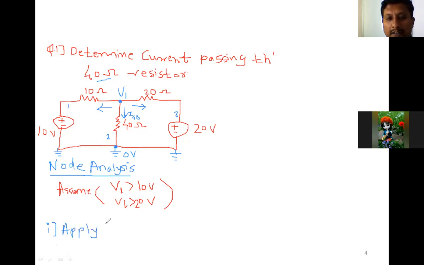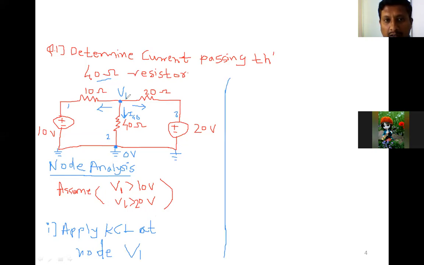So apply KCL at node V1. So I will write the equations here.